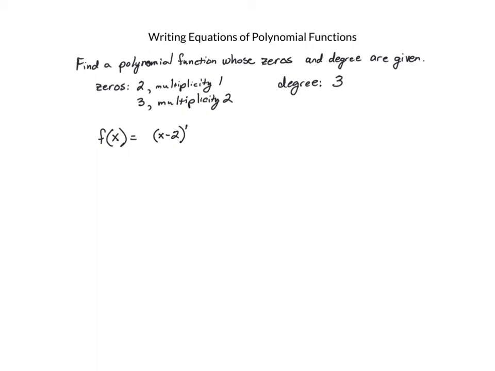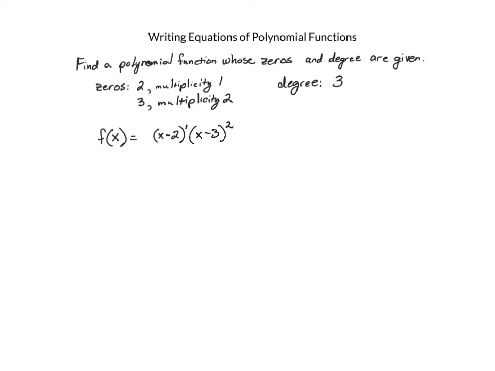You don't need to. Now we see that we have a 0 of 3, so that means our factor is x minus 3, and it has multiplicity 2. So we know the exponent is 2. And because it is 3rd degree, we know there are no other factors that involve the variable x.